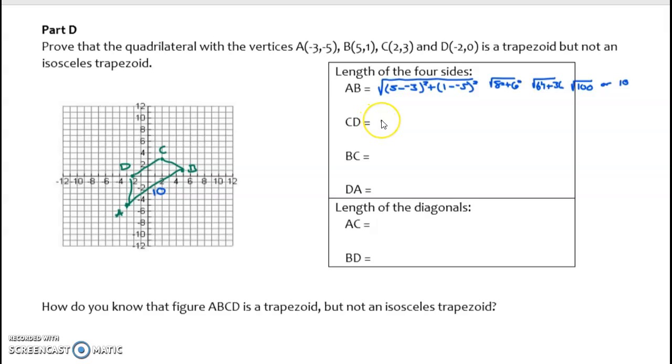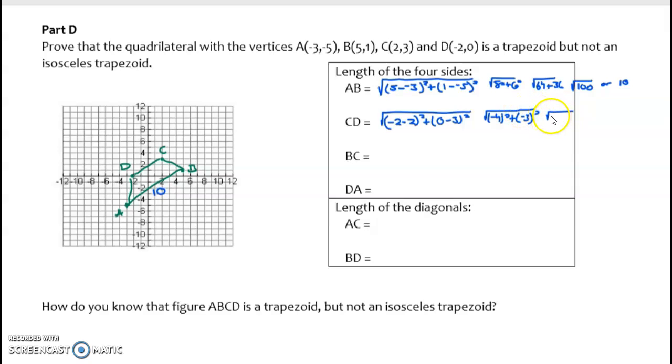CD. So CD, we're going to do -2 minus 2 squared plus 0 minus 3 squared. And this is going to be -4 squared plus -3 squared.